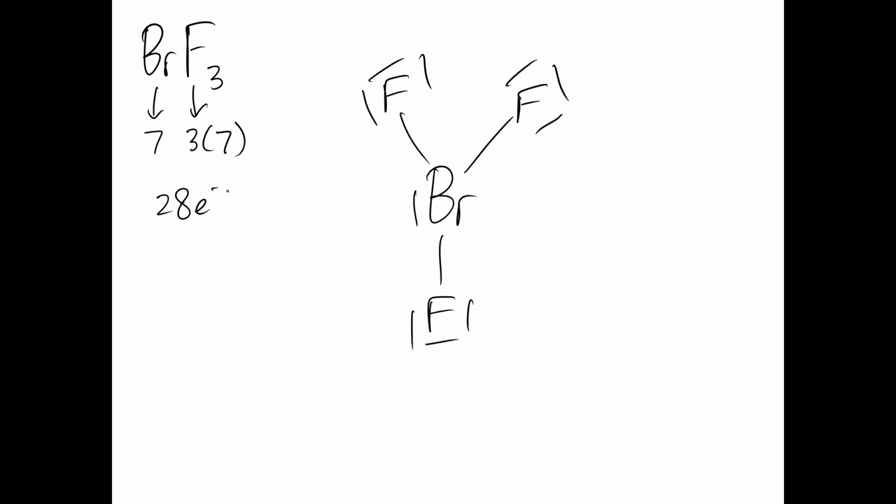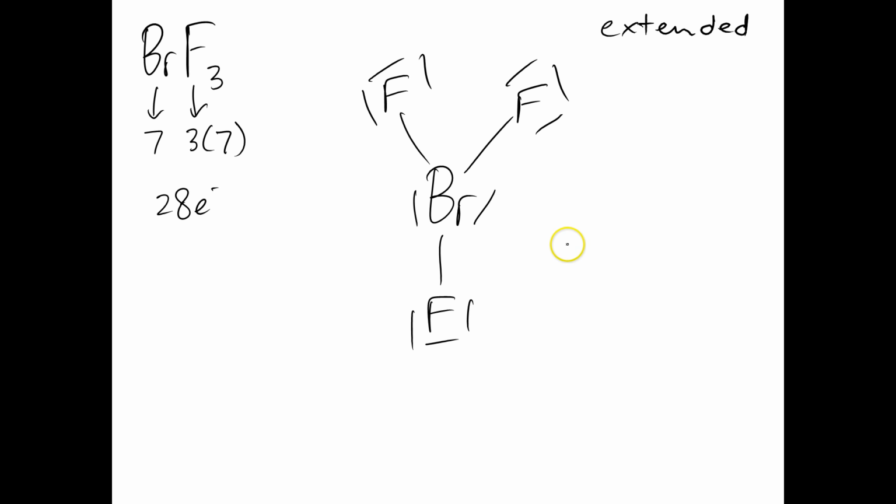If you look at the structure, I have only got 26 valence electrons, but I can put an extra pair on the Br because Br is on the third row or lower. Remember, that was our extended octet rule, so we can do that.